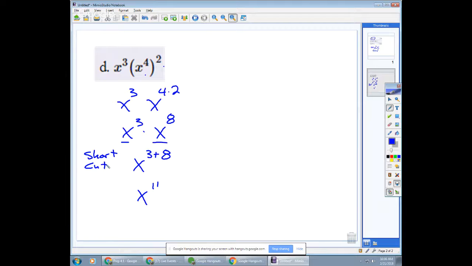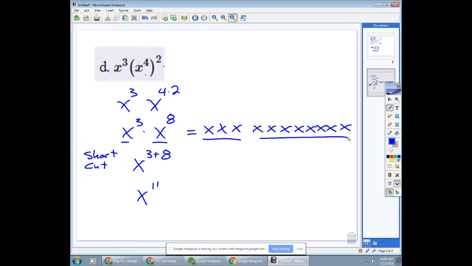The bottom line is, the rules for exponents mean this means you have 3 x's written out, and the 8 means you have 8 x's written out. So how many x's do you have altogether? There's 11 of them.